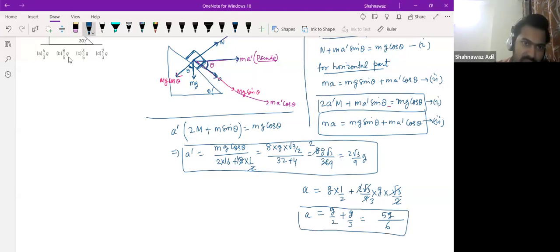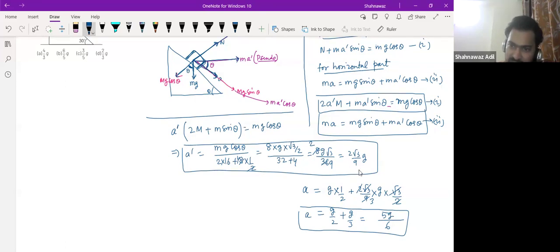Oh, so we don't have any option in here, right? So what did I miss? So this should be 5g by 6, right? Not 6g by 5. So there should be a correction here.